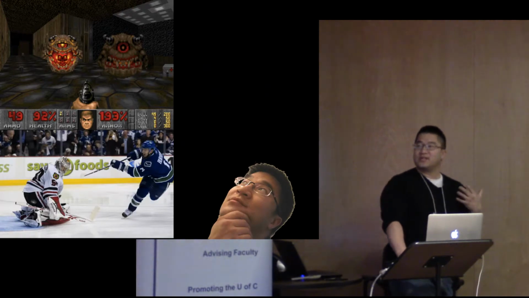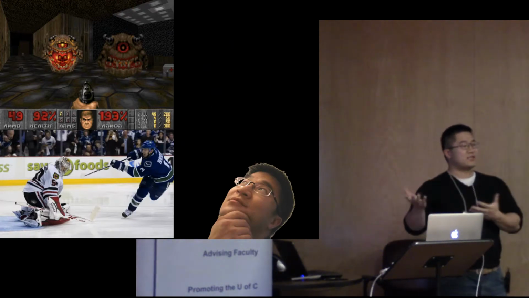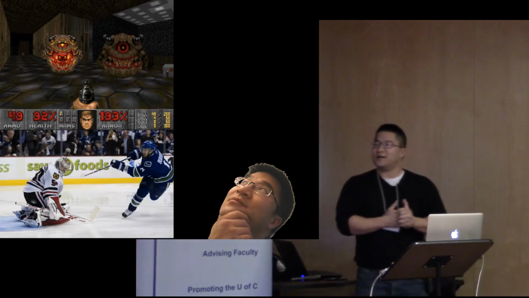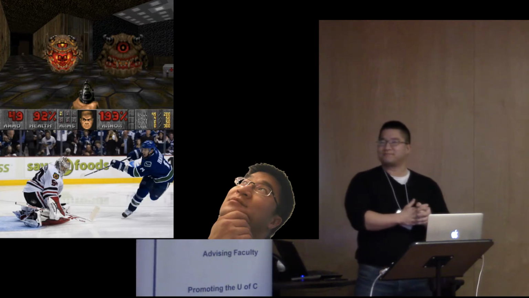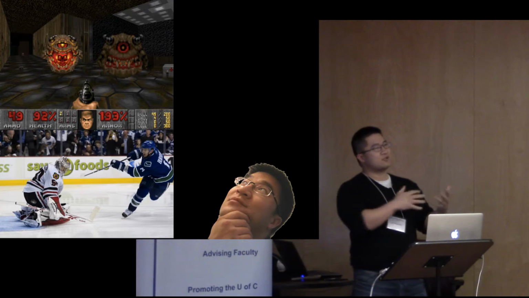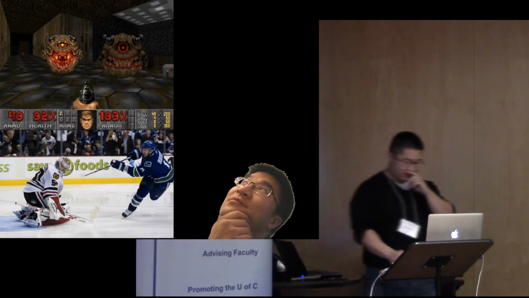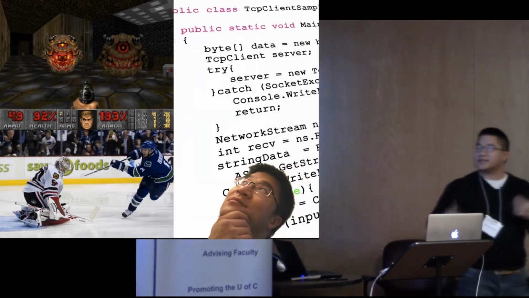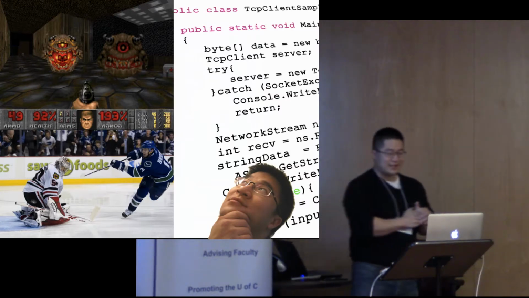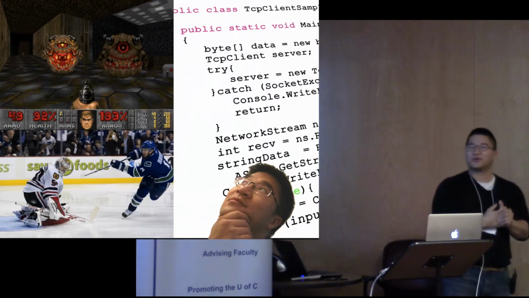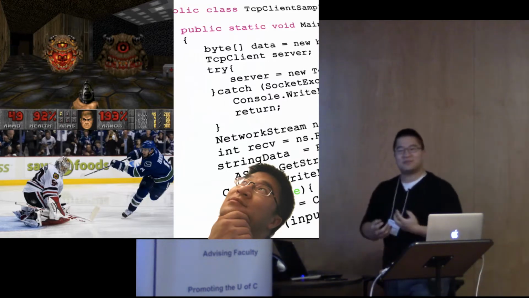The other thing that I really like doing is watching professional sports, and in particular my Vancouver Canucks. I never played hockey, but I like watching hockey. I actually grew up in Vancouver, so that's why I was a fan of the Vancouver Canucks. And of course, as a computer scientist, I like to write code. Usually I like to do more than write the TCP client sample, but I like to write code. So these are the 3 things that really made me happy.